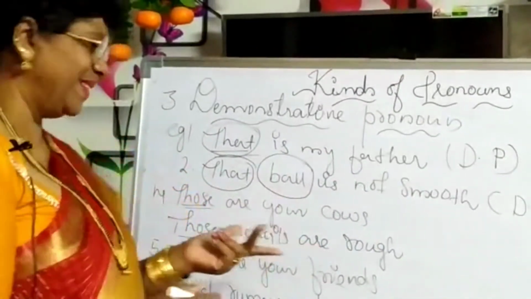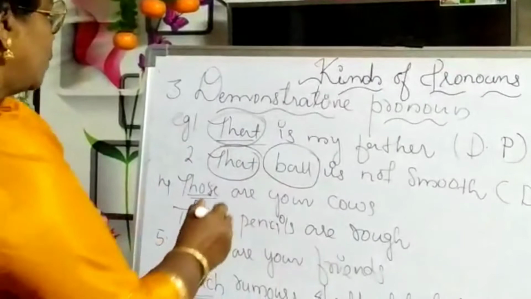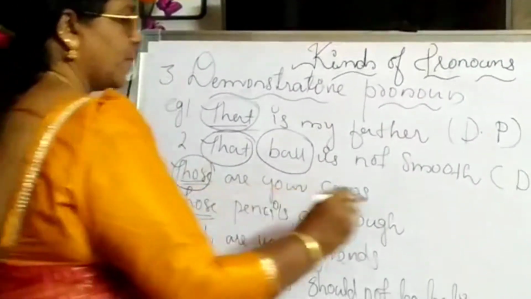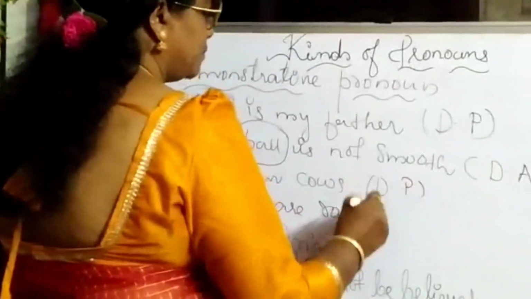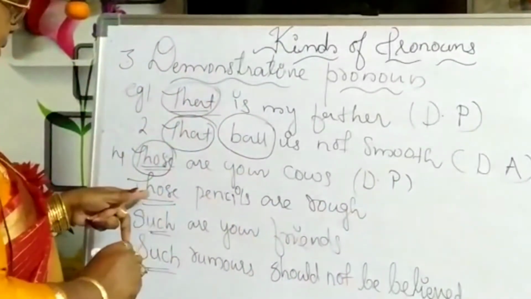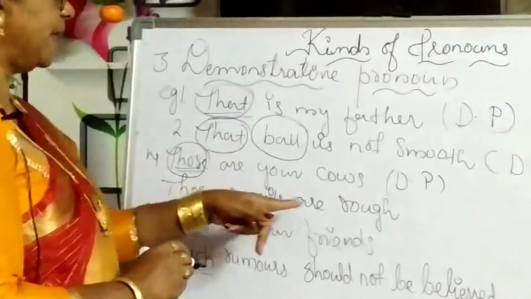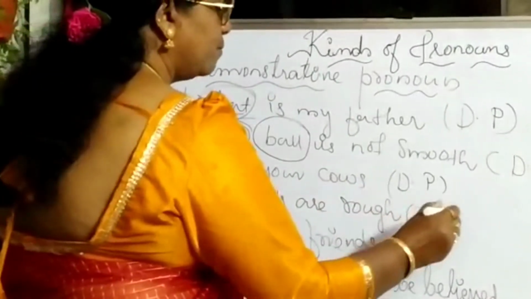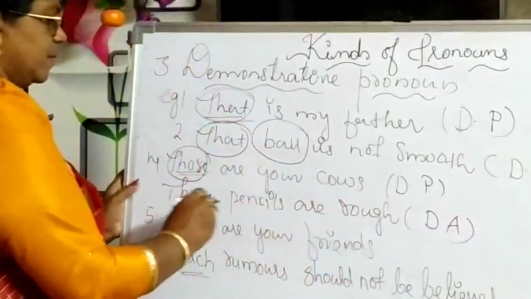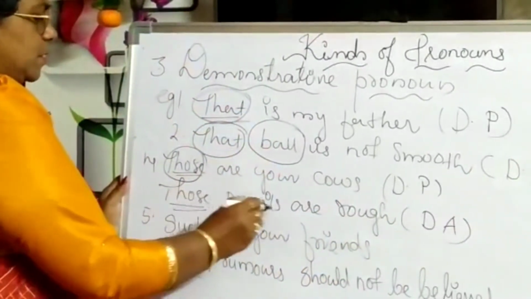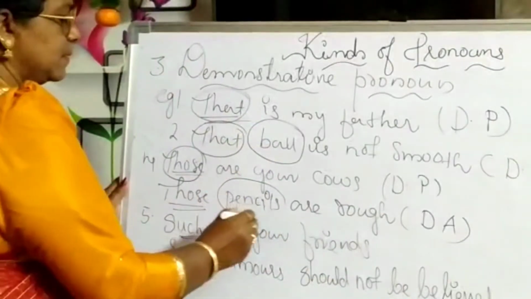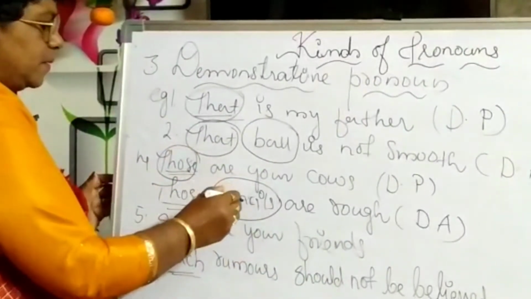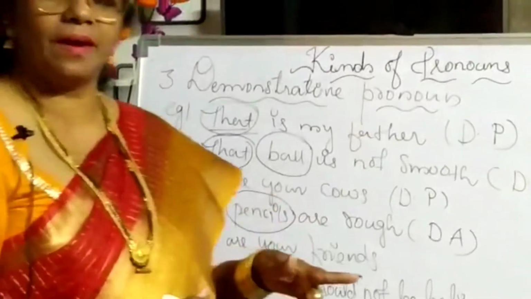Next example, those are your cows. Here those is a demonstrative pronoun. Then what about this one? Those pencils are rough. This is a demonstrative adjective, because here those qualifies the common noun pencils.